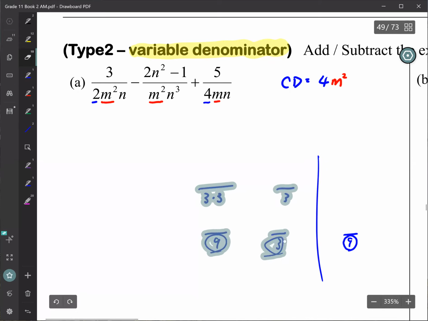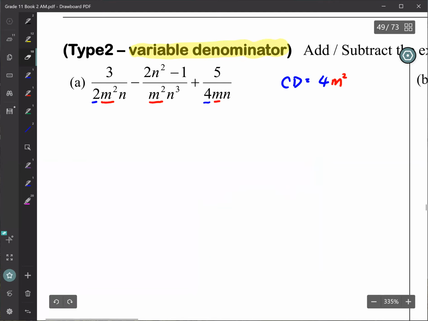Okay, so let's look at the n then. What will be the common denominator for the n? So here we have n, n cubed, and another n. What's a common denominator, Nathan? N cubed. Yeah, n cubed.